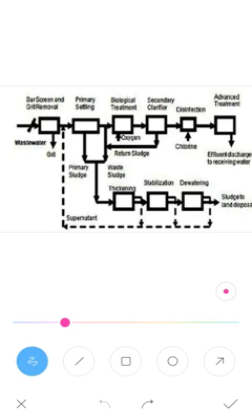These are the units of the secondary treatment. You can go through the next video for detail about each unit of the secondary treatment.